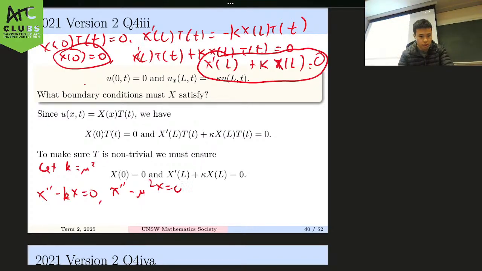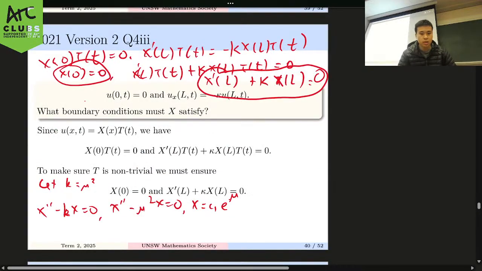So it's like this. Then the solution is associated to this. So it's r squared minus mu squared, so it's plus or minus mu, or just x is equal to c1 e to the mu x, dealing with x's here, right?